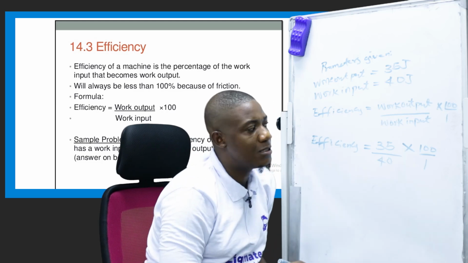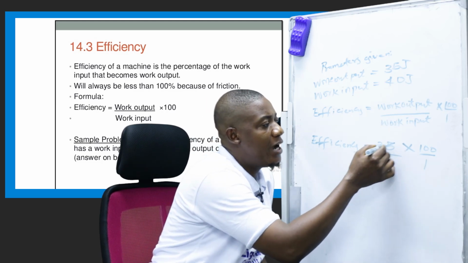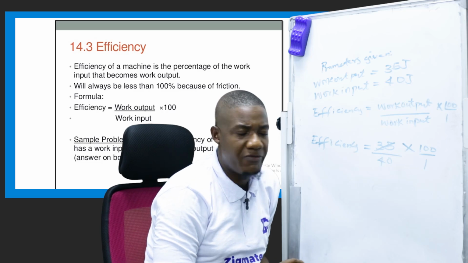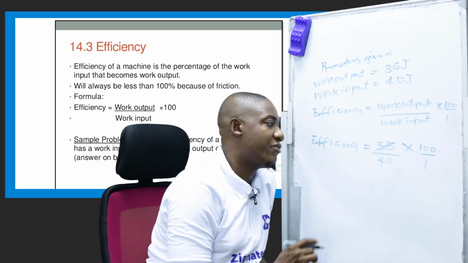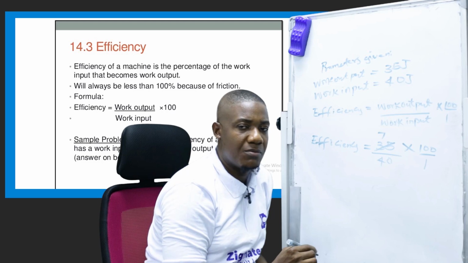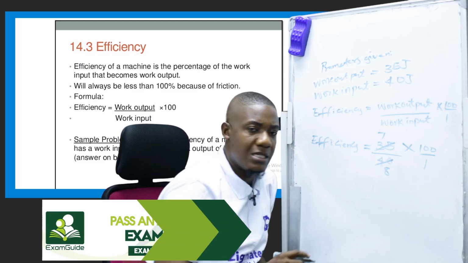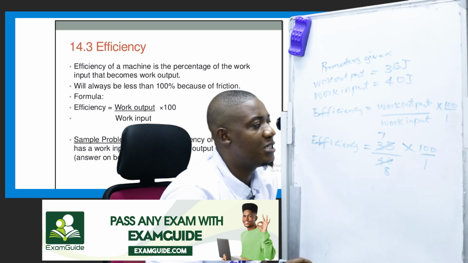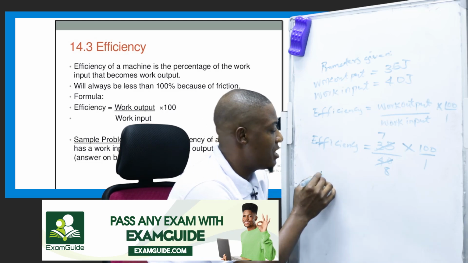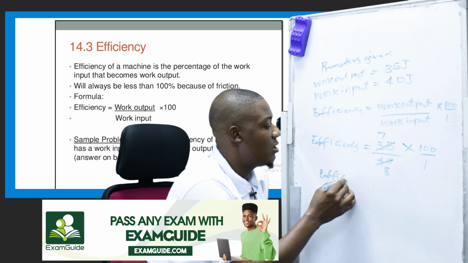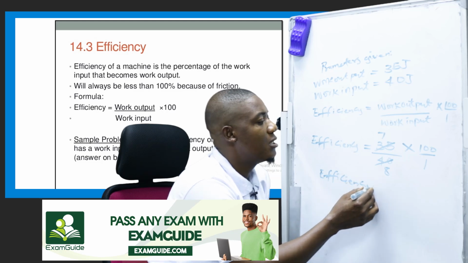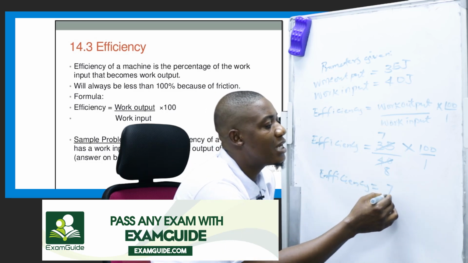You know that 5 can go into 35, and 5 into 35 is 7. 5 into 40 is 8. Therefore, we now have it that the efficiency of this machine is equal to 7 over 8 times 100 over 1.